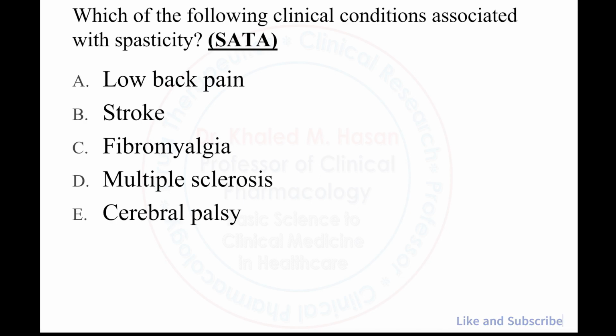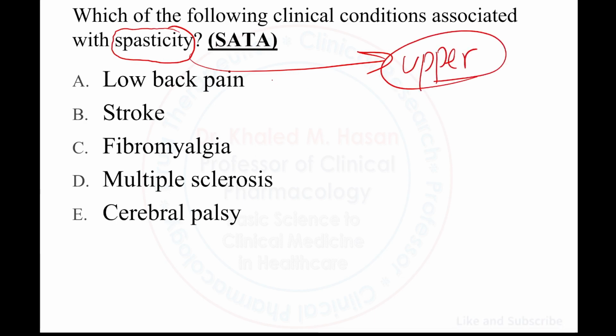We ask about spasticity, and if you remember, spasticity is related to a lesion in the upper motor neurons. So it is not low back pain, which is peripheral, and not fibromyalgia, which is peripheral, but it could be stroke, which is upper motor neuron, and could be multiple sclerosis, and the last one, cerebral palsy. This is the correct answer: the circled ones, stroke, multiple sclerosis, and cerebral palsy.